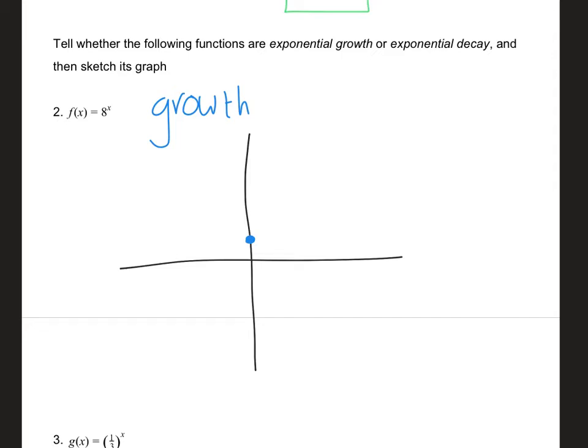And then when we plug in x equals 1, right at this tick mark, the y value is going to equal whatever the base is, because 8 to the 1st power is just 8. So my ordered pair here would be (1, 8), and we're just going to call 8 being up here.